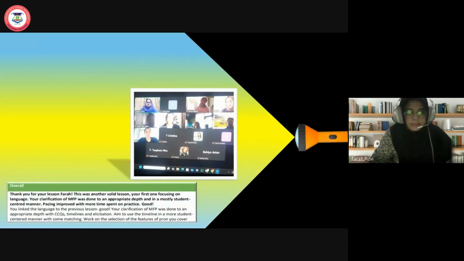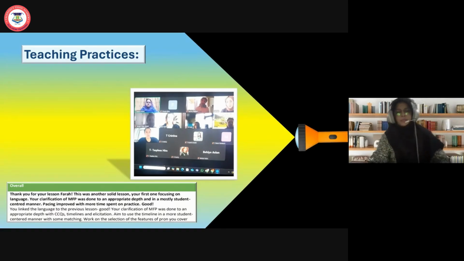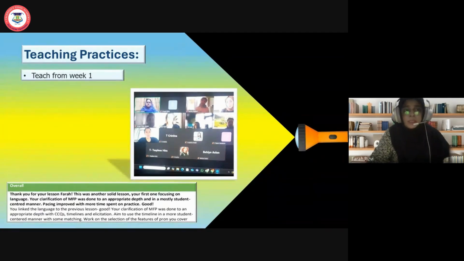And then here you can see teaching practices, the most important part of the CELTA structure. You can see this picture, a real classroom, and I have shared with you the feedback I have received from my tutor. In teaching practices, you teach from the very first week, and you receive feedback after every lesson from your tutor.